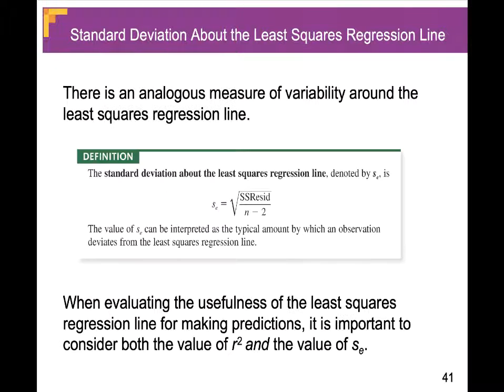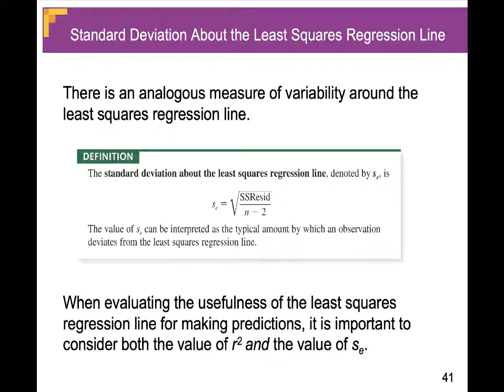So if we want to find the standard deviation about the least squares regression line, then we'll take the sum of the squares of the residual, which, look back at how that was calculated. It is somewhat similar to how we calculate the standard deviation, and then divide by n minus 2. It's a whole expected value calculus thing, why it's n minus 2.